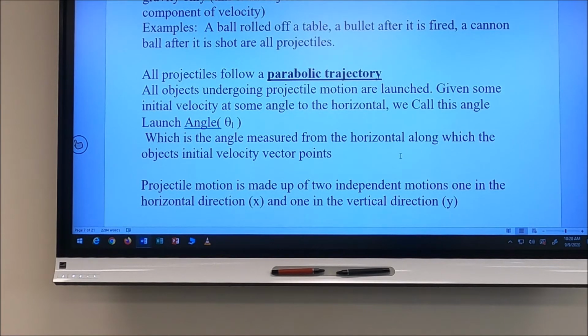The angle is measured from the horizontal to the object's initial velocity vector. So projectile motion is made up of two independent motions, an x motion and a y motion, that are linked through time.